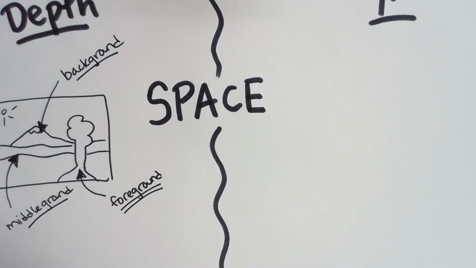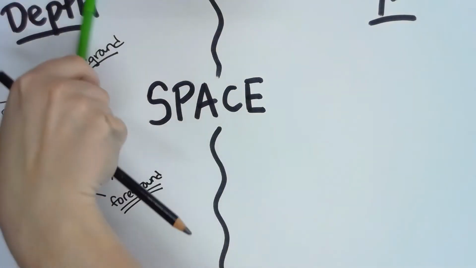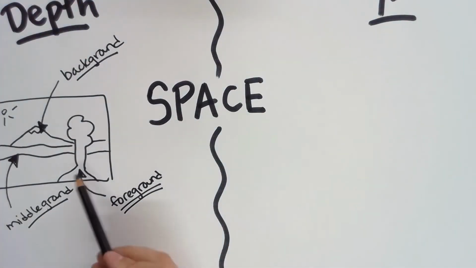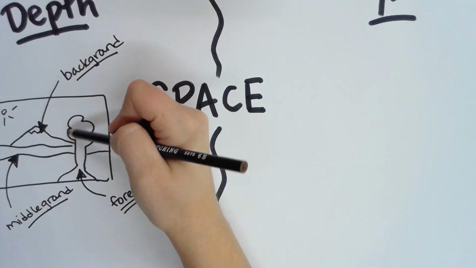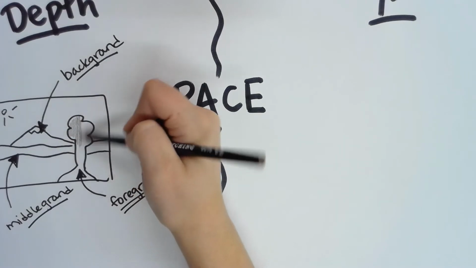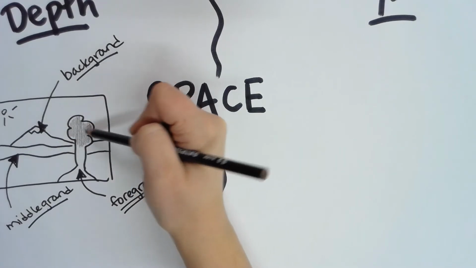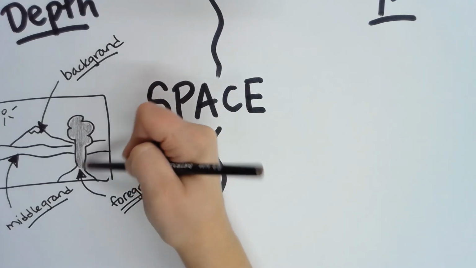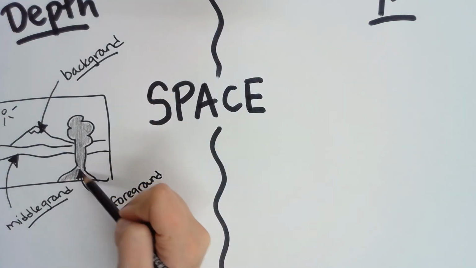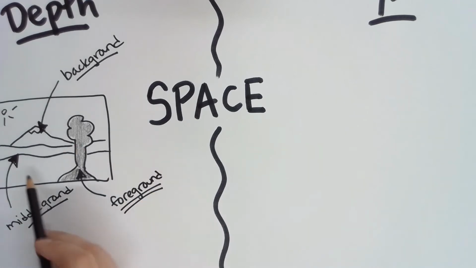And even in art, we talk about something called atmospheric perspective, where as things move further and further away, they change and go towards the color of what's in the sky. So if the sky is white, things get lighter and lighter as they go further back.